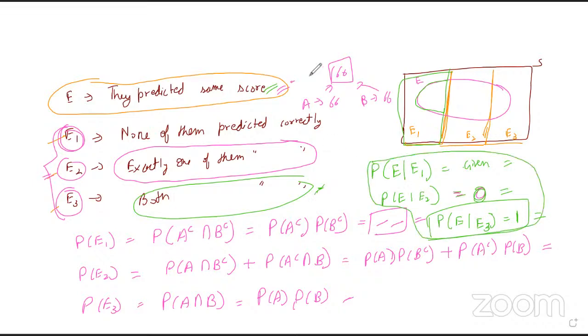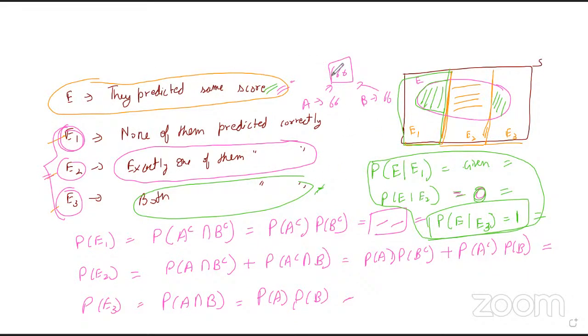Yes, sir. So now I have the information about each of these parts, E1, E2, E3. And I also have the information about event E in these individual parts, right? Sir, I have a problem. Why is E given E3 equal to 1? It is given to us that both of them predicted the score correctly.